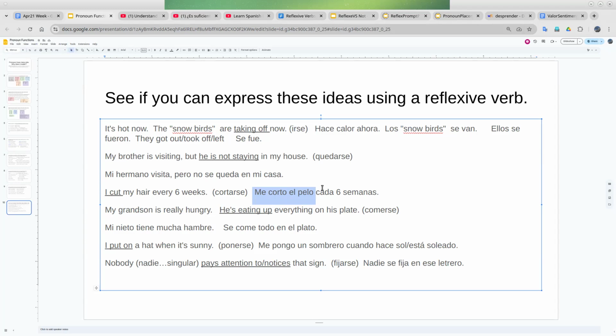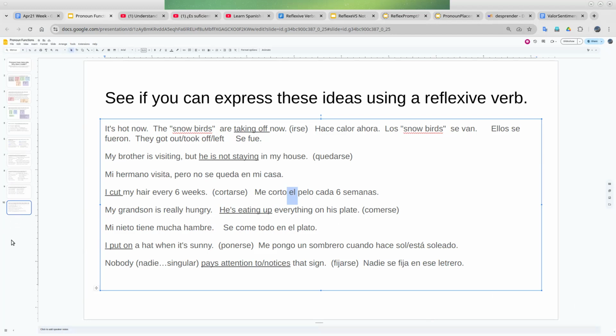So parts of the body generally don't get the my, your, his. They might if there's a specific need to distinguish my eyes from my kid's eyes. But usually they stick with just the word, even though in English we'll put in a my for things like hair, arms, fingers.